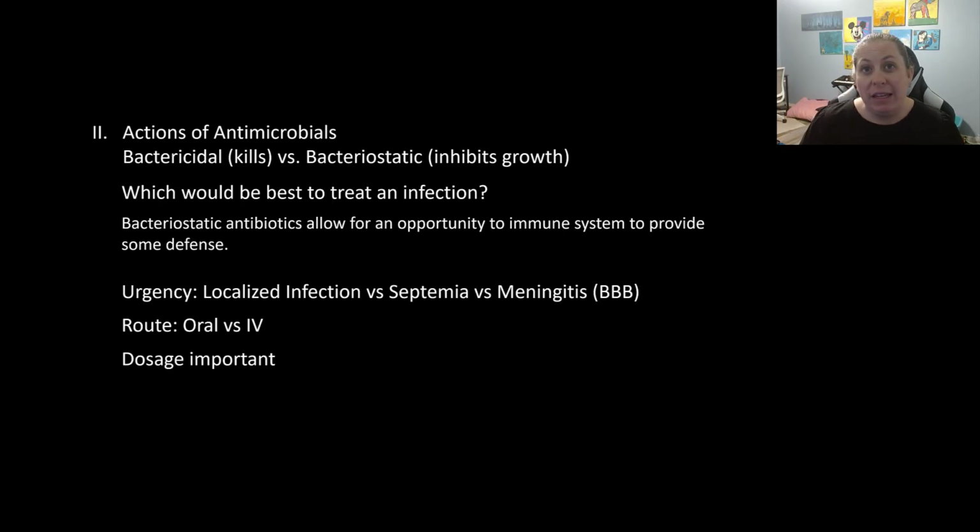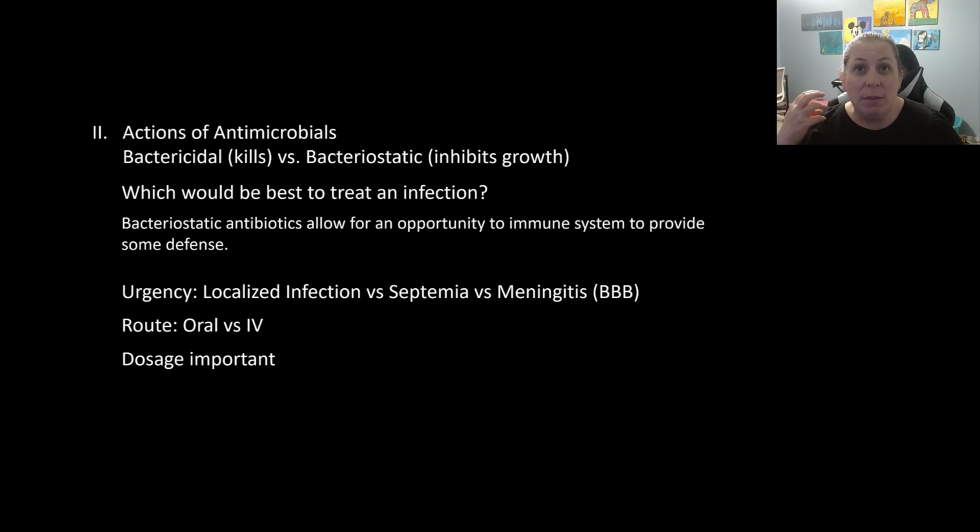Now, sometimes we might want to use a bactericidal type of medication due to the urgency. If it's a localized infection, we may use the bacteriostatic. But if it's septicemia, running rampant through the whole body, we might need to give more support.